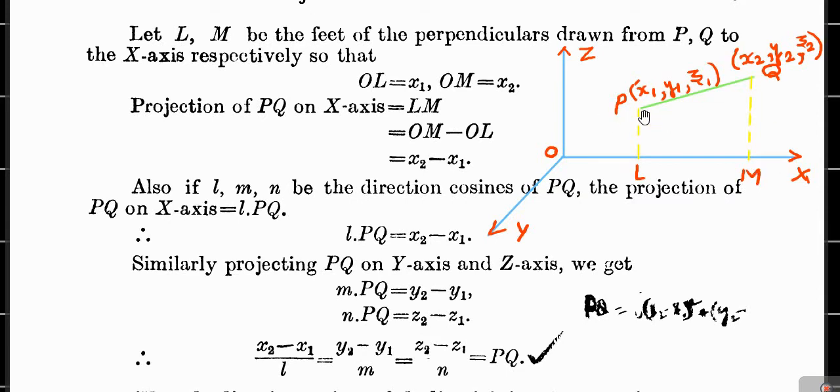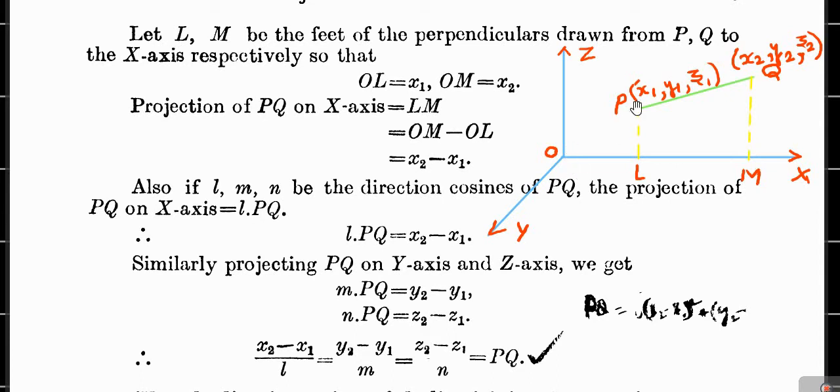For that purpose, we have drawn a perpendicular from point P on the x-axis, and suppose the foot of the perpendicular is L. Similarly, from the point Q, we have drawn a perpendicular on the x-axis with the foot of the perpendicular at point M. Then definitely LM will be the projection of segment PQ on the x-axis.